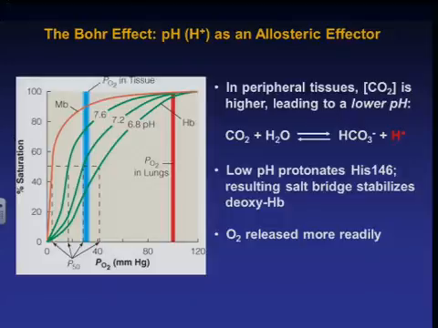So if the P50 is higher, does that mean that oxygen is being bound more tightly or more weakly? More weakly, right? Higher P50. So why does that make sense? And why does it want to do that?